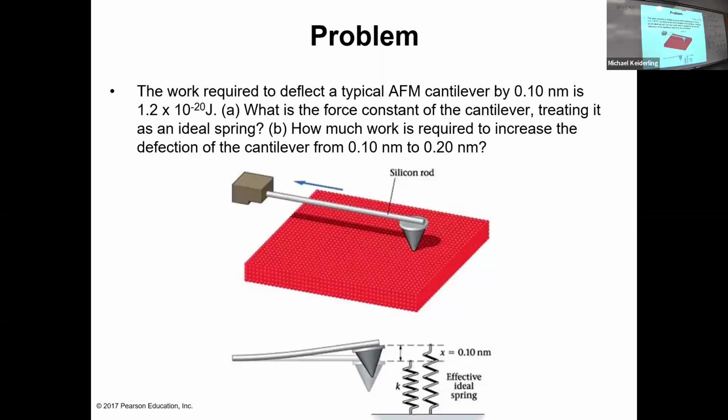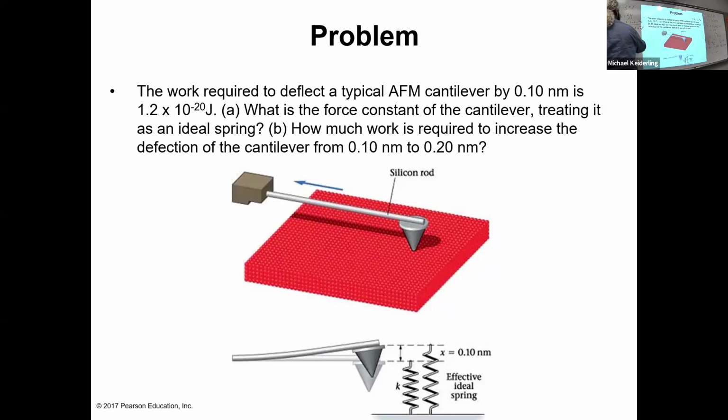Yep. So K ends up equaling 2 times the work over x squared, which is 2 times 1.2 times 10 to the minus 20 joules over 1.0 times 10 to the minus 10 meters squared.